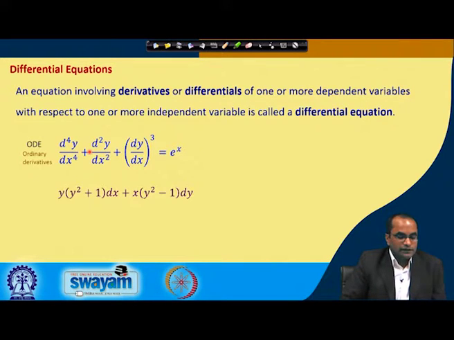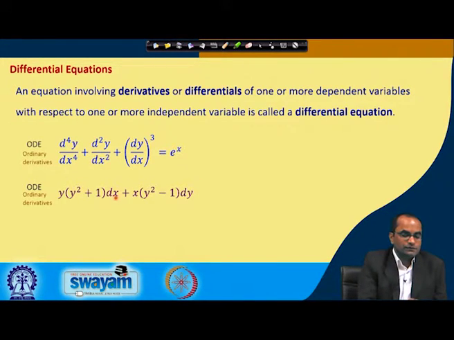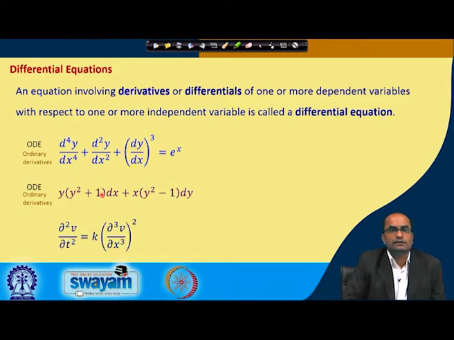So, we have ordinary derivatives here. The second equation is also an ordinary differential equation. We have these differential terms dx, dy, and it also has only ordinary derivatives. So, only one dependent variable, y, and one independent variable, x.